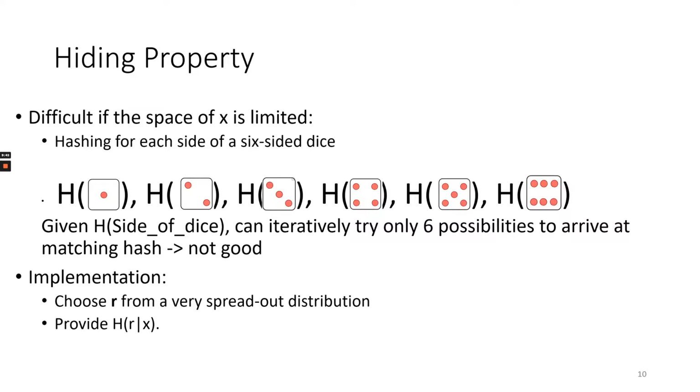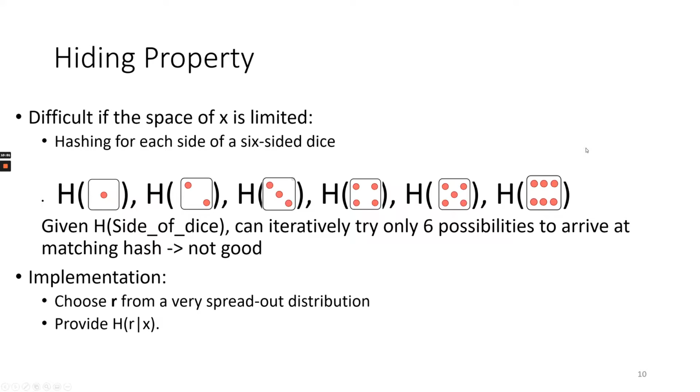The reason we do this is because if you just hashed x, and x had limited possible values, suppose you're throwing a die and there are only 6 possible values, as you can see here, hash of 1, hash of 2, hash of 3, hash of 4, 5, and 6.